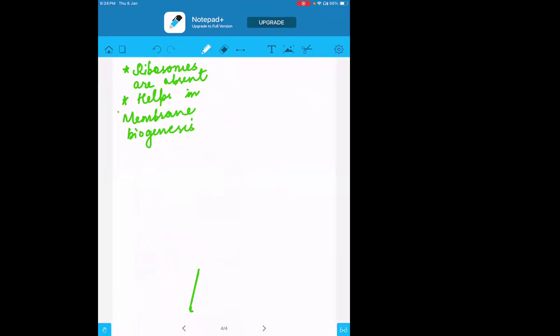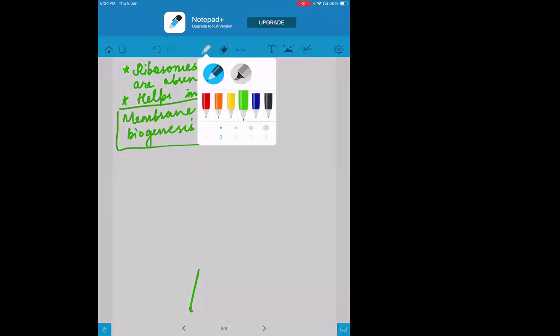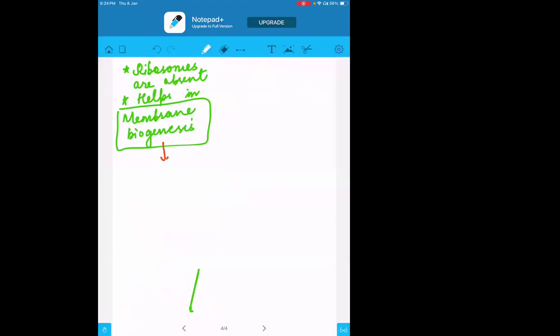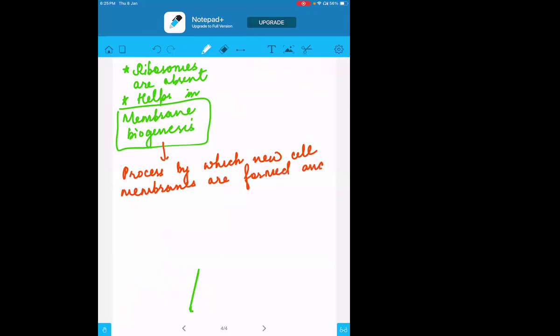Correct. So this is important for the exam. What is membrane biogenesis? Membrane biogenesis is basically the process by which new cell membranes are formed, and at the same time the existing membranes are maintained in the cell.